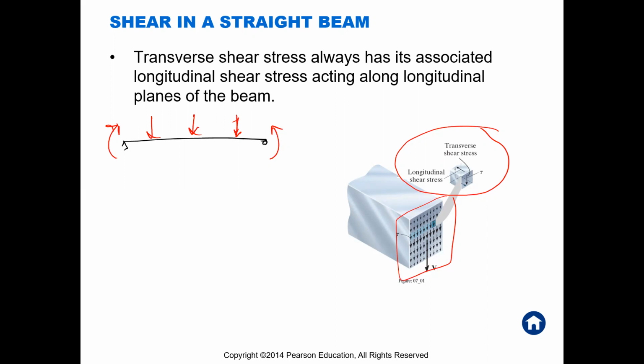All right, so if we have some type of loading on this beam, and it's creating a gradient of moment, so we have a non-constant moment.